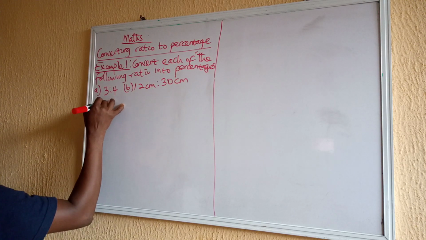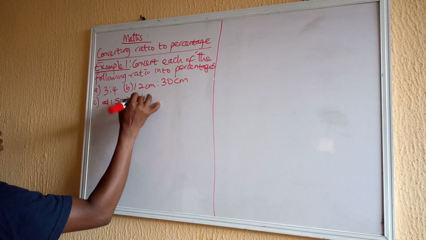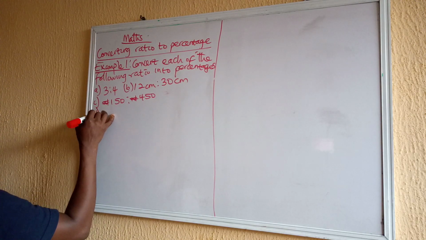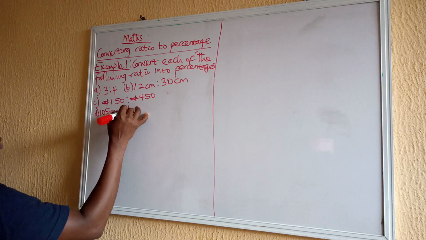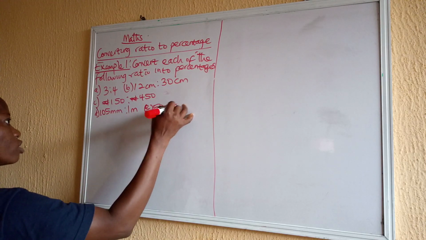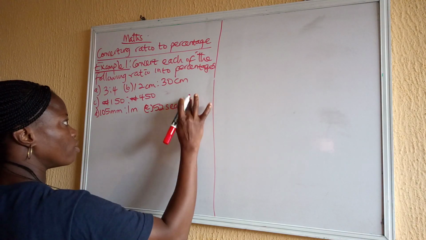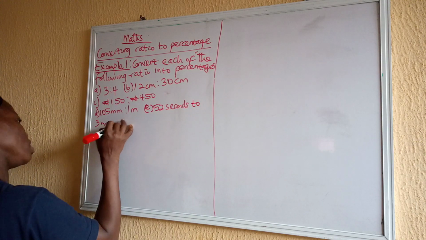C, we have 150 naira ratio 450 naira. D, we have 105 millimeters ratio 1 meter. Then the last one, 52 seconds ratio 3 minutes.